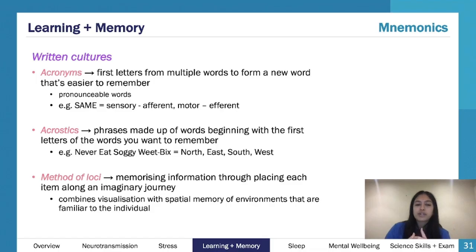Your method of loci is a bit of a different one. This idea of memorizing where things are based on their location. So you basically visualize lists almost. If you have to remember a list of things, you might put them in different corners of the room, or you might put them in different locations along your drive.